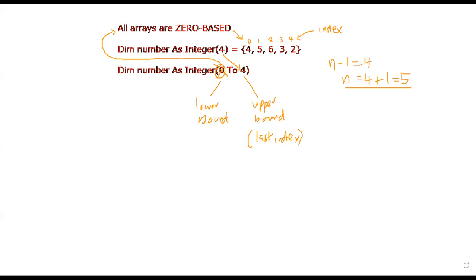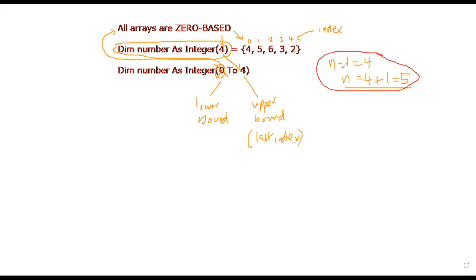So we are saying that with arrays in VB.NET, when you declare the array, like we have in this case, the value that is specified here as 4 is not the size of the array. It is rather the last index of the array. So if it's the last index of the array and we want to find the size of the array, then we are saying that what?